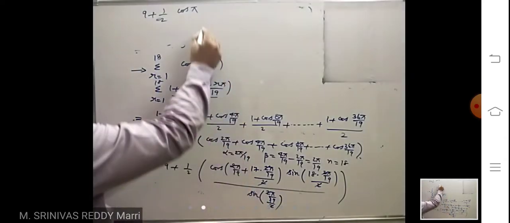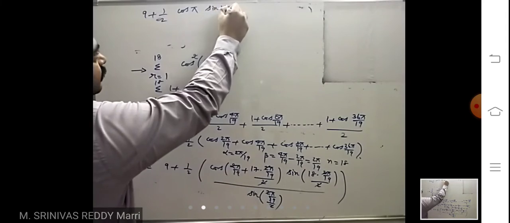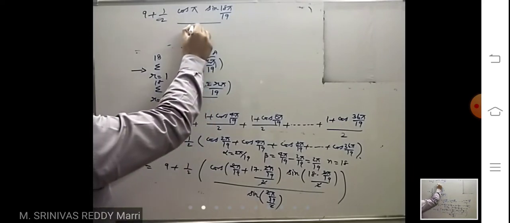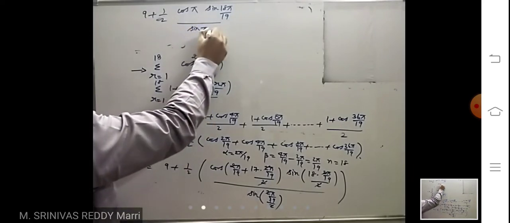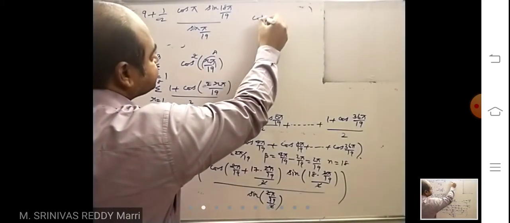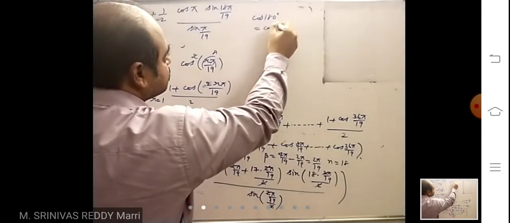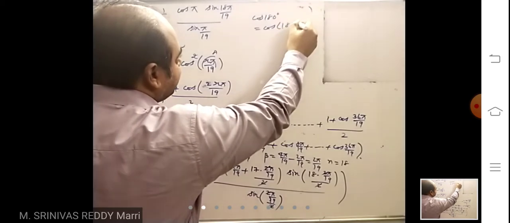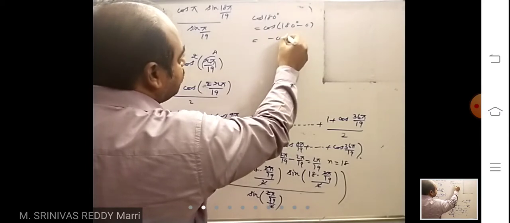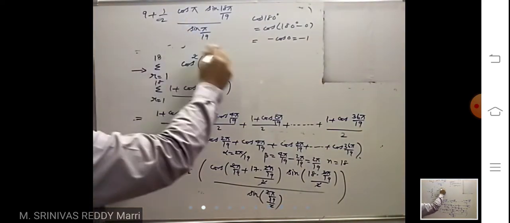Here you will get sine 18 pi by 19 divided by sine pi by 19. Now cos pi means cos 180 degree, which is 180 degree minus 0. So 180 minus theta means minus cos theta. So this is minus 1. So this value is minus 1.